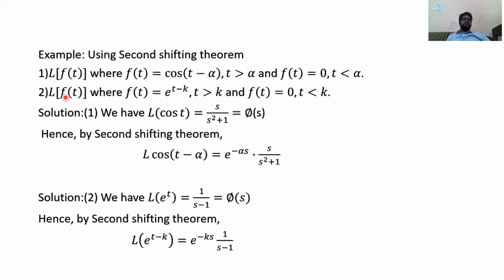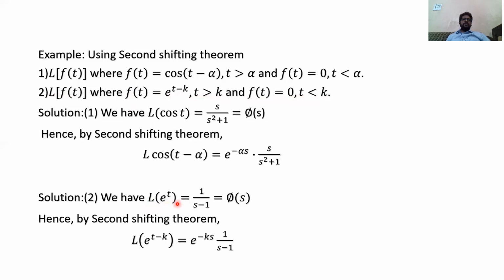The second example is L of f of t, where f of t equals e raised to t minus k for t greater than k, and f of t equals 0 for t less than k. Again, first find the Laplace of e raised to t.